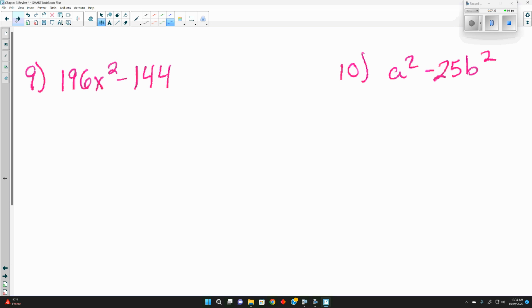If we look at 10, a squared is a perfect square because it's a times a. 25b squared, well, 25 is 5 times 5, and b squared is b times b. The difference of perfect squares, a squared minus b squared, is a plus b times a minus b, where a and b are what's multiplied by itself to get our term.